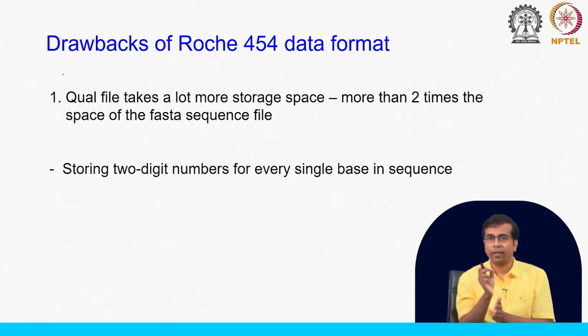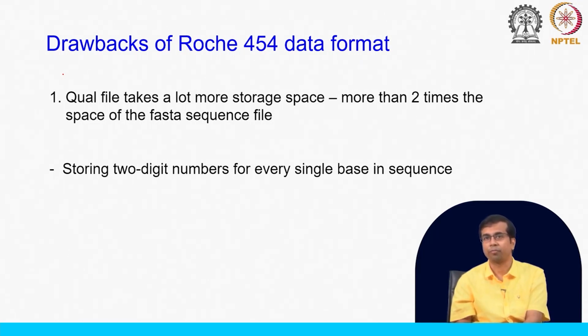If you go back, this sequence file is ATGC, there is no space in between them, just one letter at a time you are storing the data. Here in the quality score file you have the numbers, you have these two-digit numbers, like 12. Usually the quality score is between 0 to 40, and maybe it is 12, 15 most of the time. If it is less than 10, it is actually very low quality, it is probably not good.